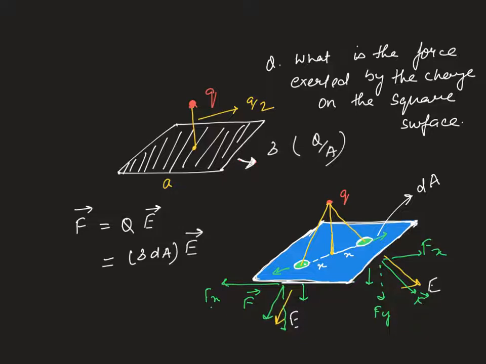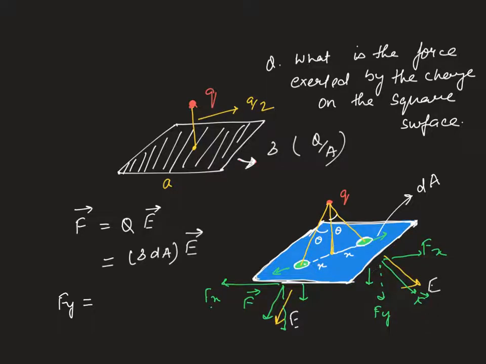So what kind of force do we need? We need the force along the y-axis. If you take this angle as theta, and since they are symmetric, this angle is also theta.